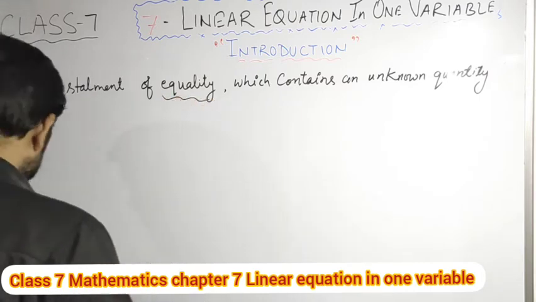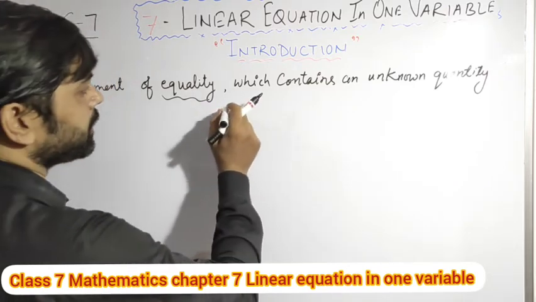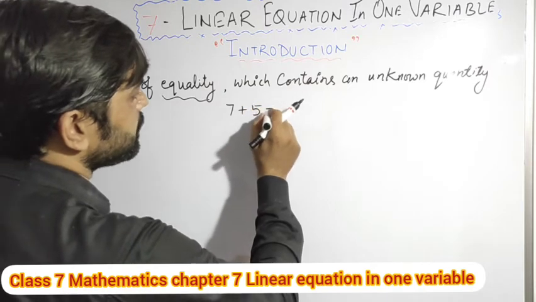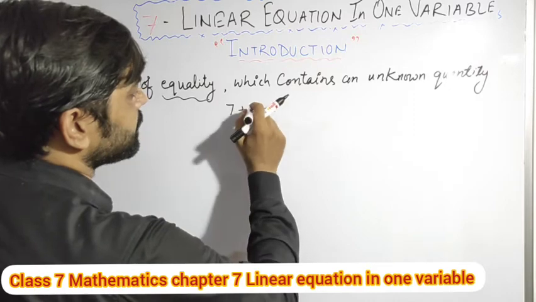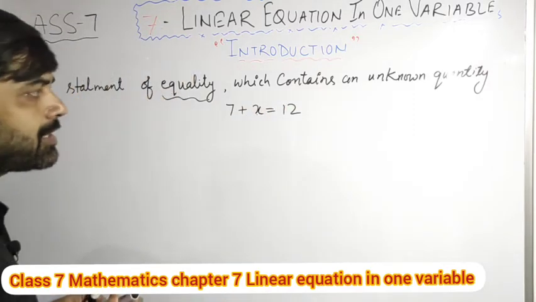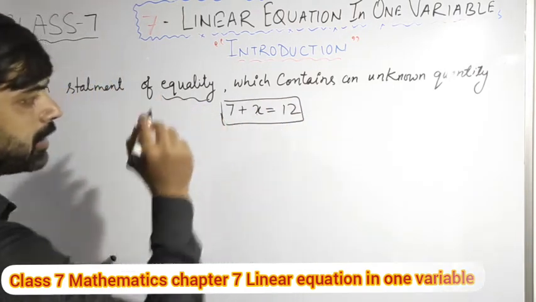If numbers are written in this form, like 7 plus 5 is equal to 12, or 7 plus x is equal to 12, then this statement is known as an equation.